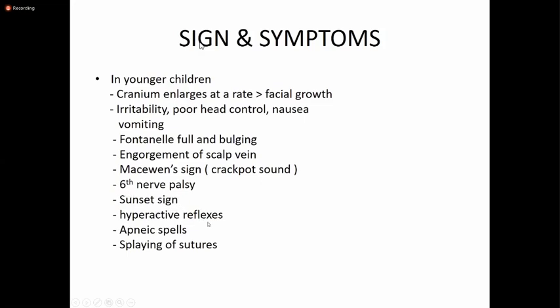There will be hyperactive reflexes, apneic spells, and splaying of the sutures. So these are the common signs and symptoms in the age group less than 1 year: enlargement of the cranium, irritability, nausea, vomiting, fontanelle full and bulging, engorgement of scalp veins, sixth nerve palsy, sunset sign, apneic spells, and splaying of the sutures.